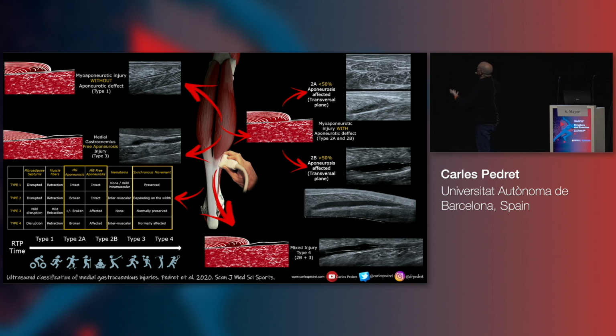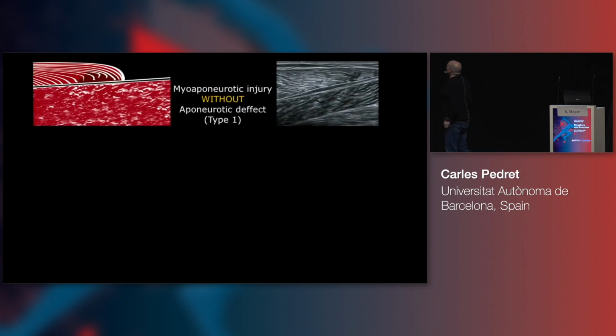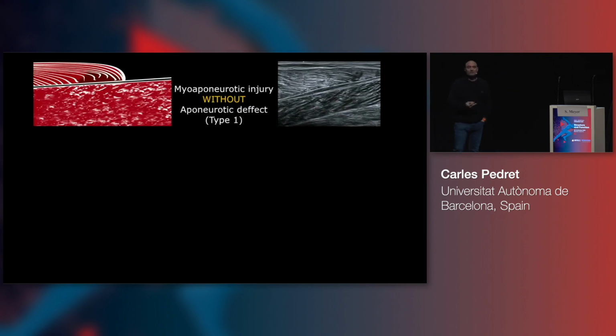But anyway, just to start from some point, we started with a type 1, which was a myoaponeurotic injury without rupturing the aponeurosis itself, okay? This is very rare because, as you saw before, it is very hard to detach the muscle fibers from the aponeurosis. So normally, when you detach, you also have a tear in the aponeurosis. So this is a very rare one, but we can see it sometimes.